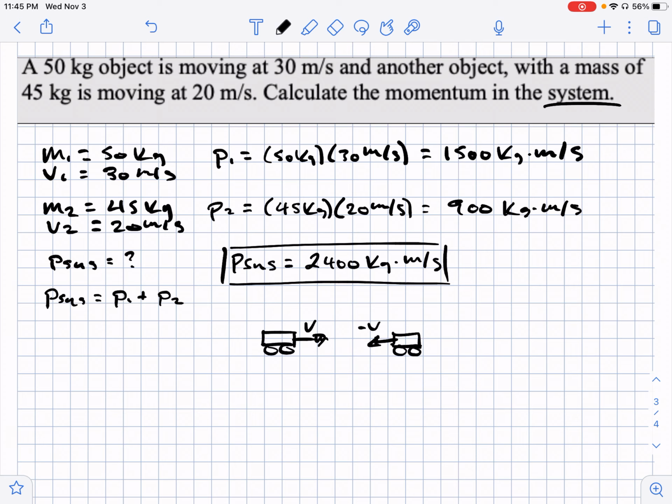And because it has a negative velocity, that's going to end up being a negative momentum. When I add those up, I'm going to end up actually subtracting them. So just be aware, be careful with your positives and negatives here. If they're going in opposite directions, then one's going to have a negative momentum there.